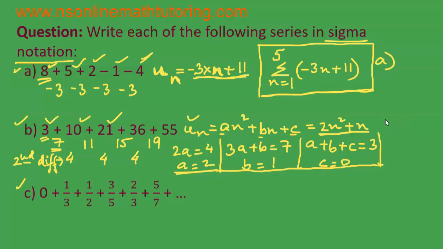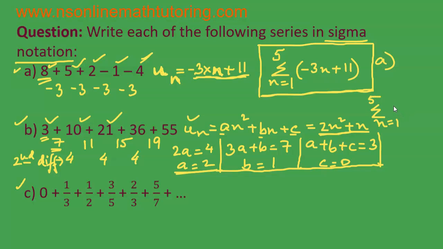Now, we have the last step remaining. It is the sigma notation. So, let me write over here. Sigma notation. The first value of n is 1, and the ending value, what is there? Ending value of n, how many terms are there? 5. So, it will be 5.